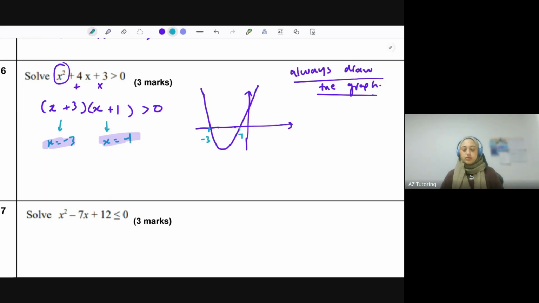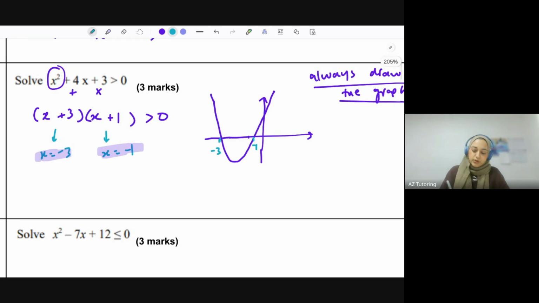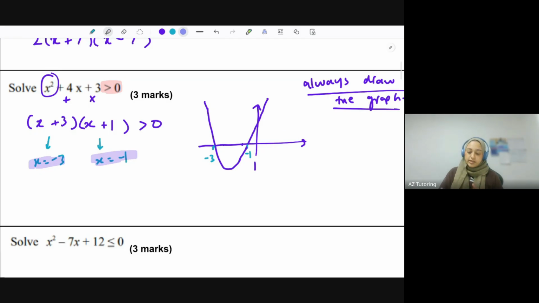Okay, so this is the important part now, using the graph. Let me write that a bit better. That's -1. Now this is where we use the graph to understand the inequality. It says solve this equation, and remember this graph is this equation, when it's more than 0. This graph is more than 0 above the x-axis.